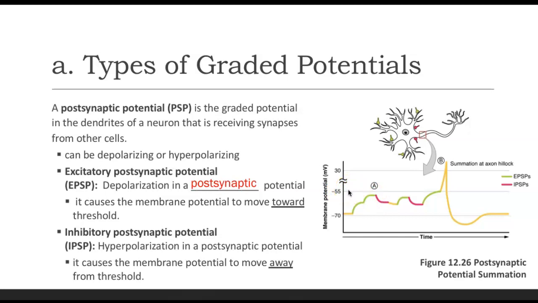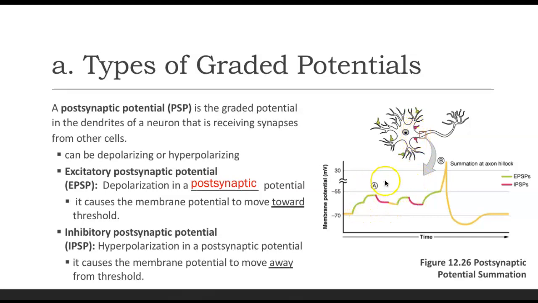And then we can also have inhibitory postsynaptic potentials or IPSPs. These are essentially hyperpolarizations that can take place in a postsynaptic potential and cause that membrane potential to move away from the threshold. So it's bringing it back down. And we can imagine that they are these axon terminals here at the axon hillock.